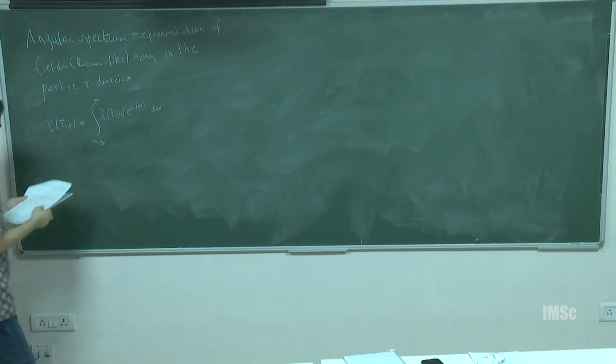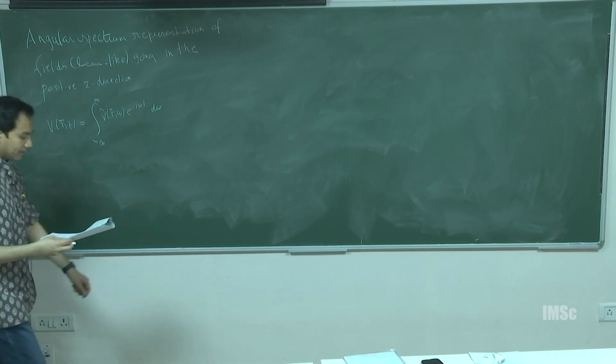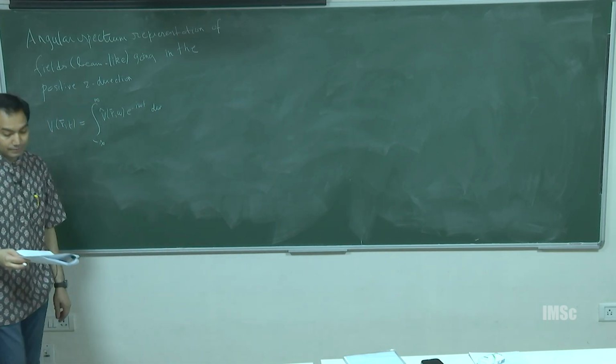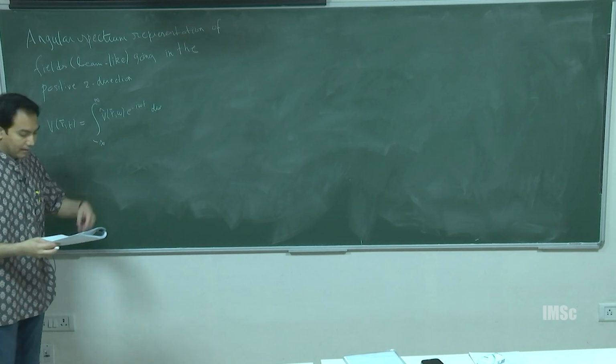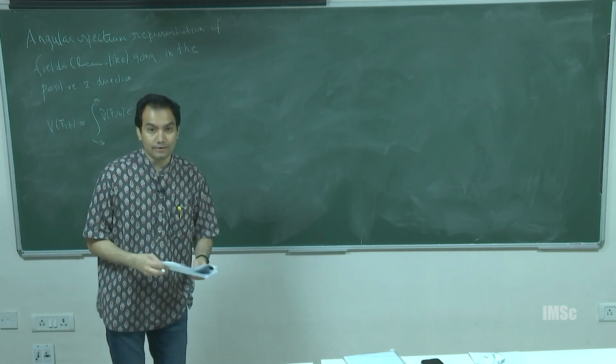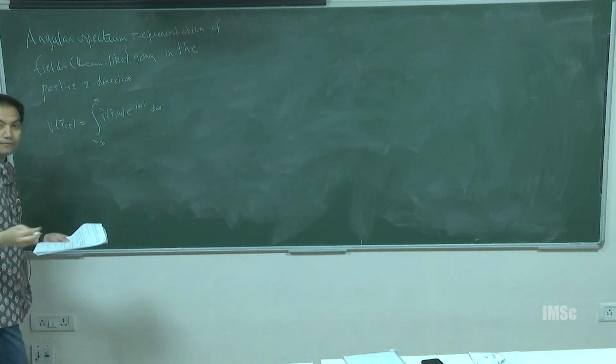Just like a time varying signal has a Fourier representation in the frequency domain, a space varying signal also has a Fourier representation. It's in the spatial frequency domain.